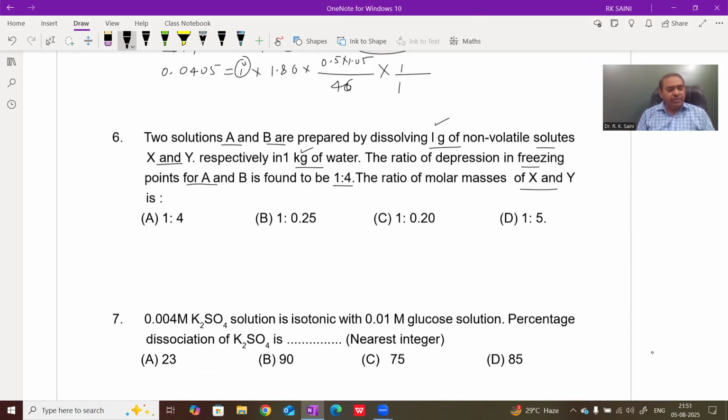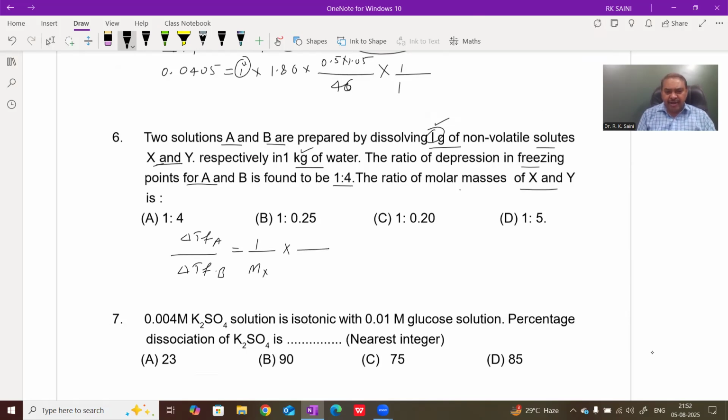We use depression of freezing point according to colligative properties, and we know that depression of freezing point of solution A divided by depression in freezing point of solution B equals weight upon m of A and m of B. Solution A contains 1 gram X. Therefore, amount of X and its molar mass is Mx.